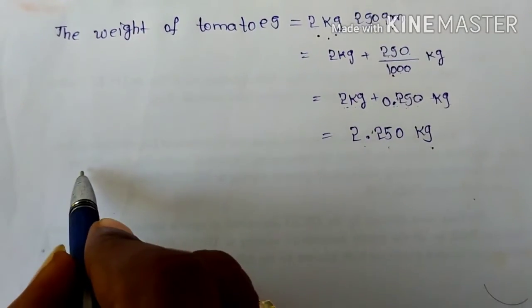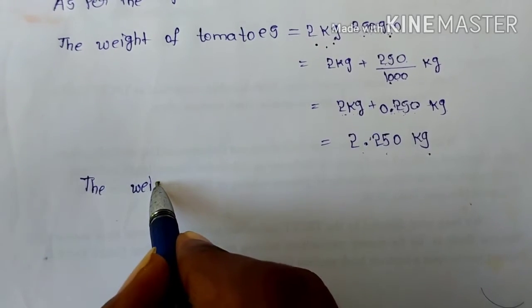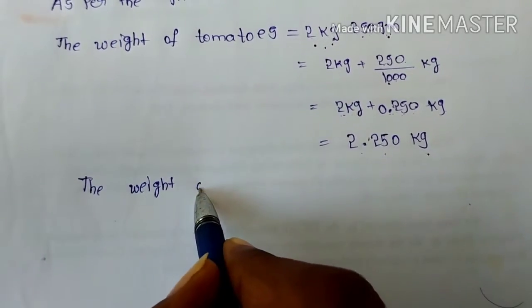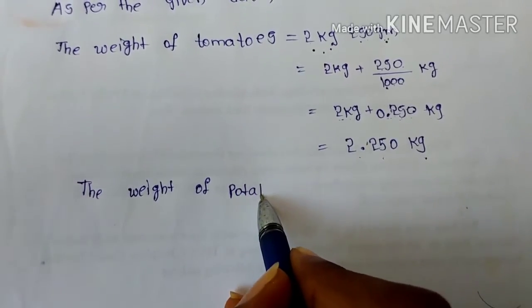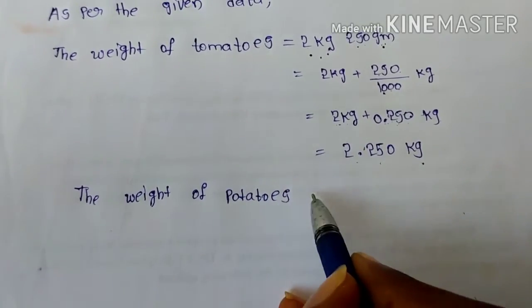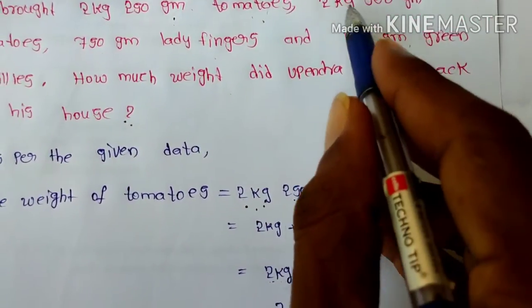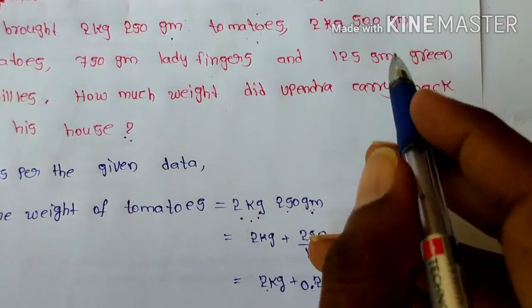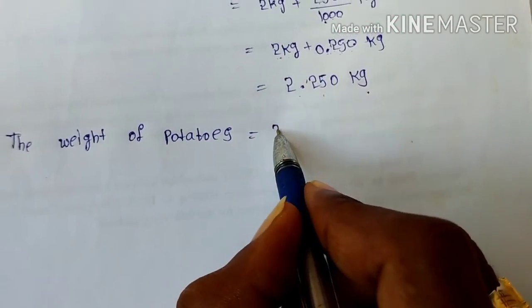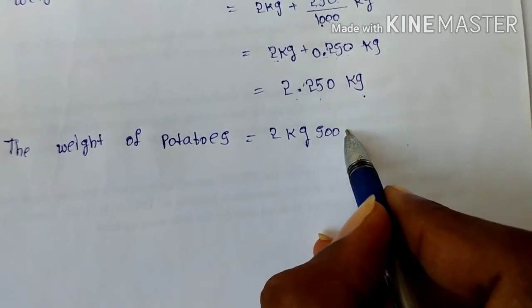Next one, the weight of potatoes is how much here? 2 kg 500 grams.